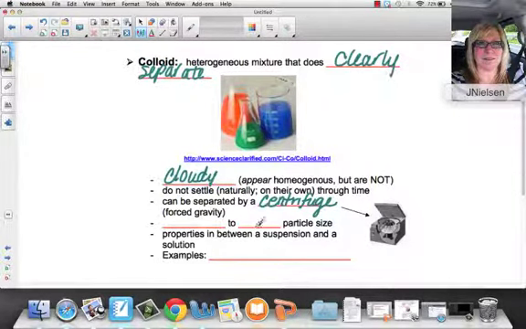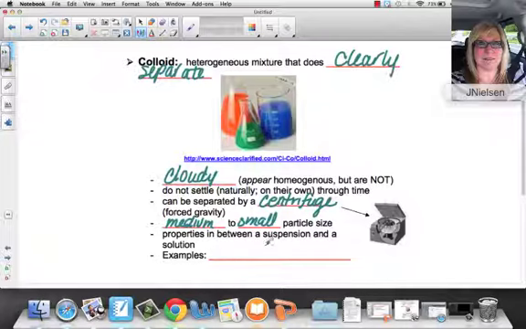We have one of those in the back of the room where you put the colloid in a test tube and you put it in this machine and it spins it really fast, and then the heavier particles are forced to the bottom and the lighter ones on top. And this works great for medium to small particle size.